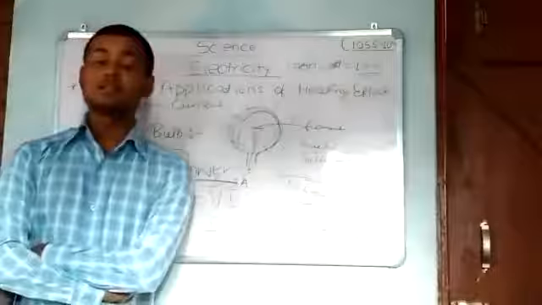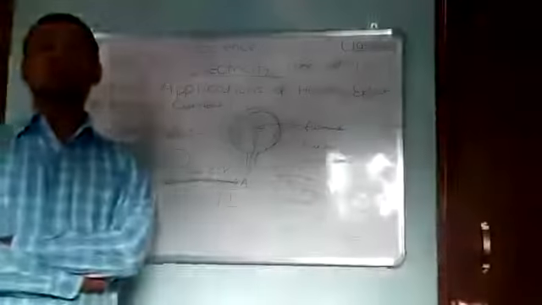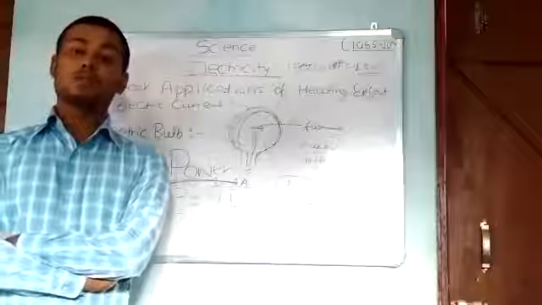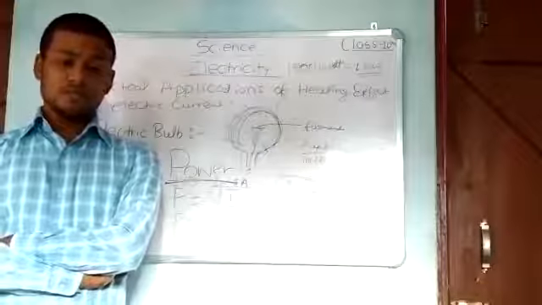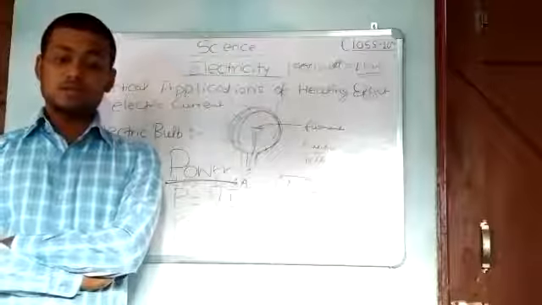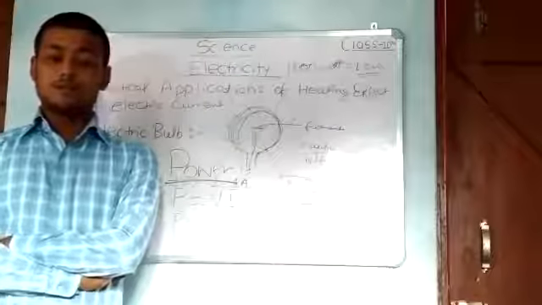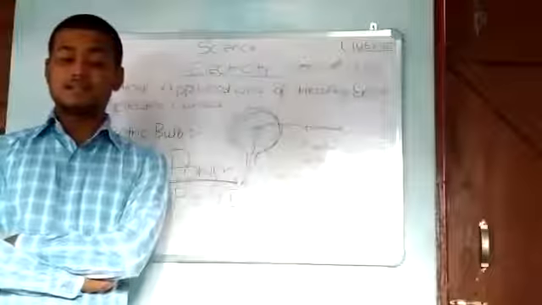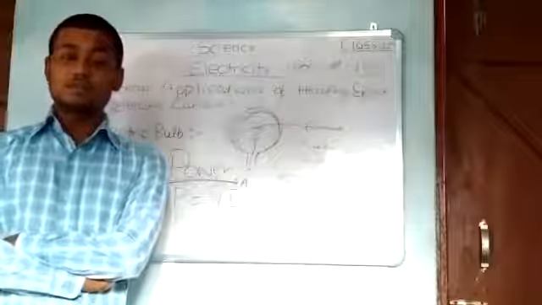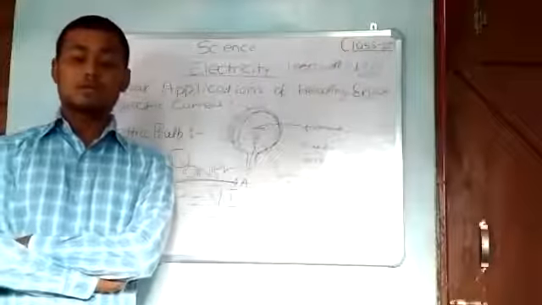How much energy is consumed by a device? It is just the product of its power and time. So whenever 1 watt of power is consumed for 1 hour, then we say that the energy consumed by a device is equal to 1 watt hour.